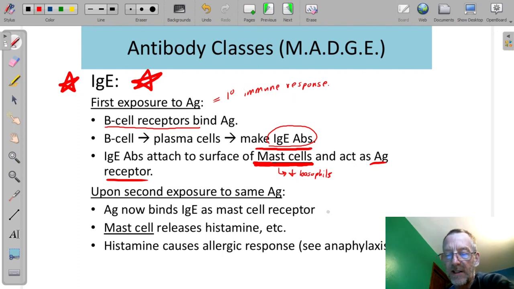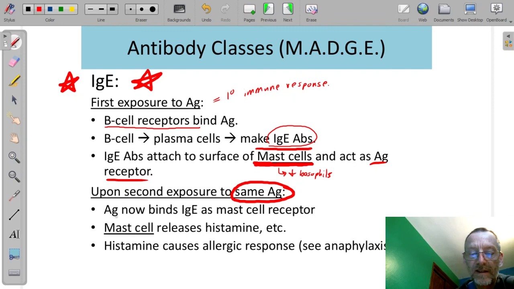Okay? On second exposure to the same antigen, we're going to go over this in the next lecture because I have a whole section on anaphylaxis, but this is sort of the introduction to it. Second exposure to the same antigen. The antigen binds now to the IgE that's on the mast cells.